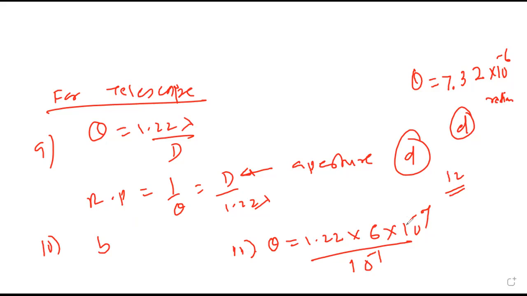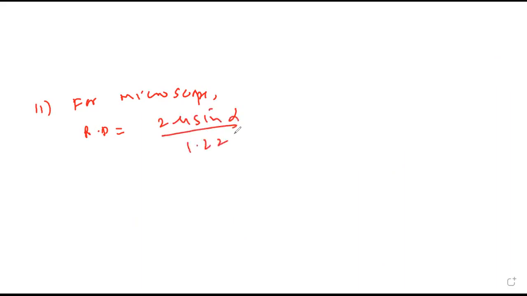Twelve. What happens when the space between the object and the objective of a microscope is filled with water? For a microscope, the resolving power is 2 mu sine alpha upon 1.22 lambda.